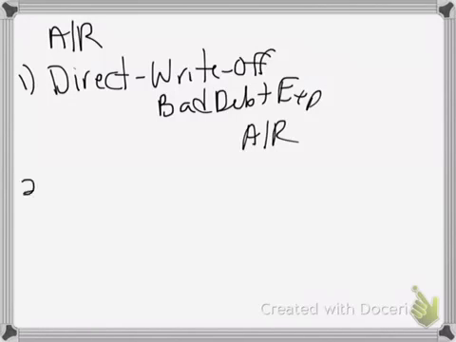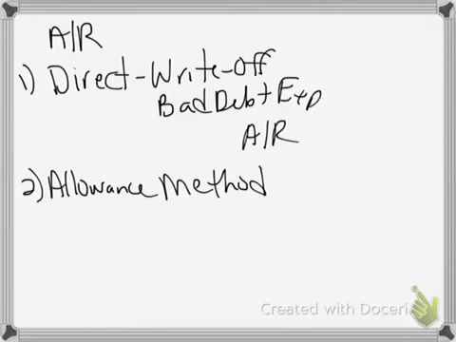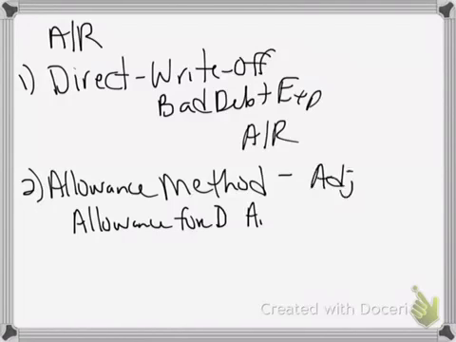Then the other one we have is the allowance method. Now with the allowance method, we are using an account called allowance for doubtful accounts. And at the end of each period, we will have an adjusting entry. All right, so this allowance method is based on adjusting entries. So that's how that would be done.